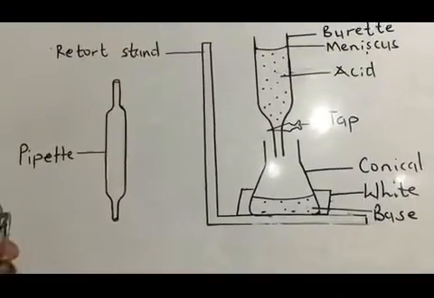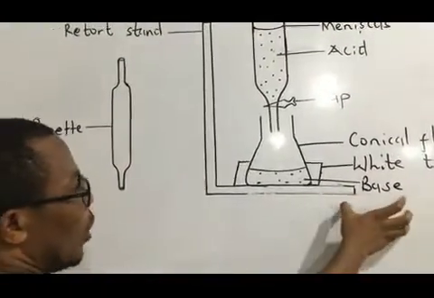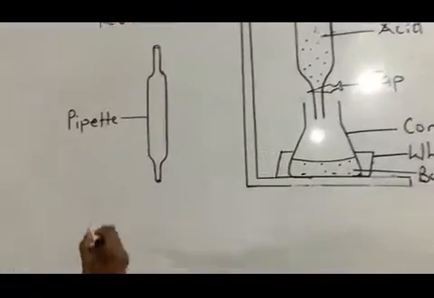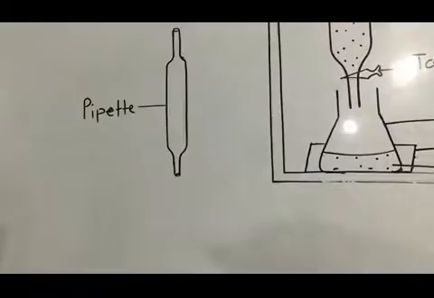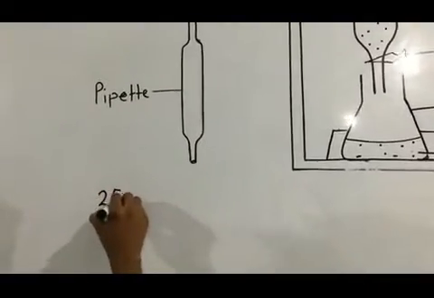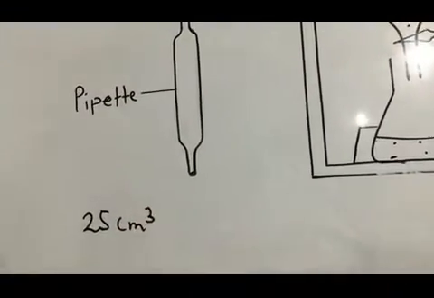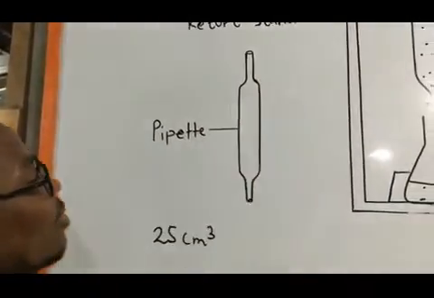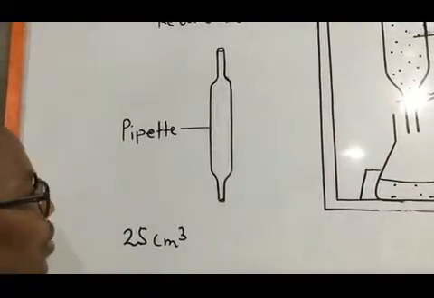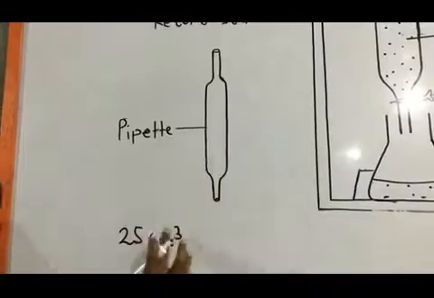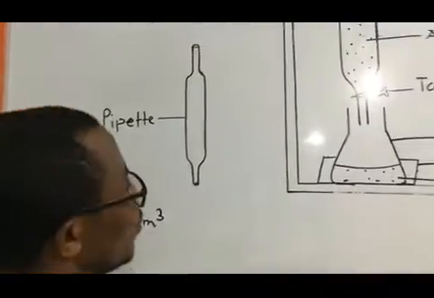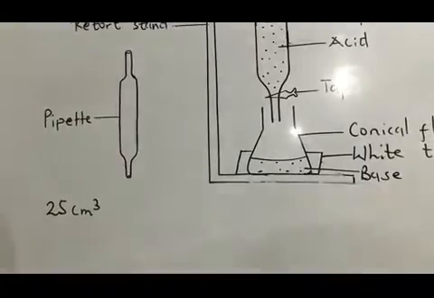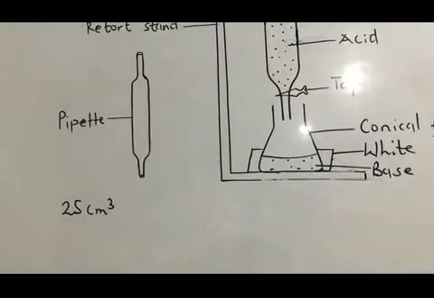So if, for instance, the volume of base used in the titration is, let's say, 25 cm cube, then you use a 25 cm cube pipette. It will be indicated on the pipette that the volume is 25 cm cube. So using the 25 cm cube pipette, you take the 25 cm cube of the base, and then you put it in the conical flask.